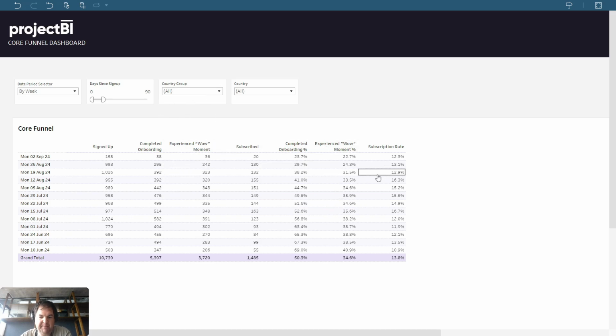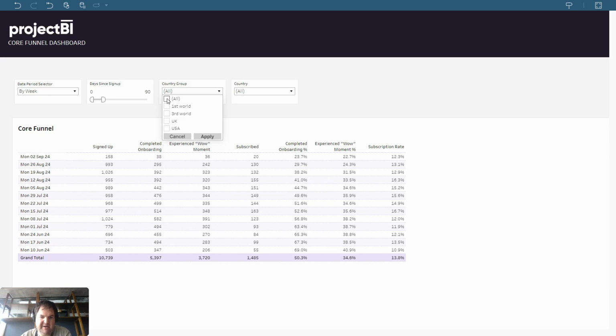Lastly, depending on the data we have available to us, we can also add additional filters to this report that allow us to segment our cohorts to do comparisons. So let me give you an example. We do have data on the country of these users, as in where they are in the world.